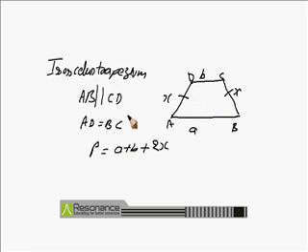So the perimeter of an isosceles trapezium is the sum of the parallel sides plus twice the length of the non-parallel sides, that is 2x. So the perimeter is equal to a plus b plus 2x. Now we move to the questions.